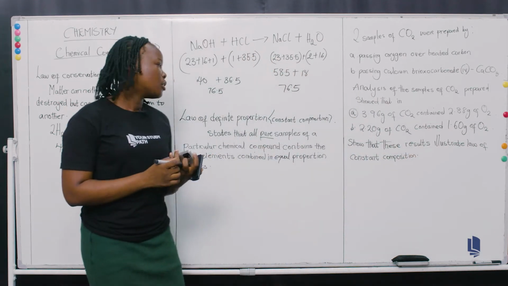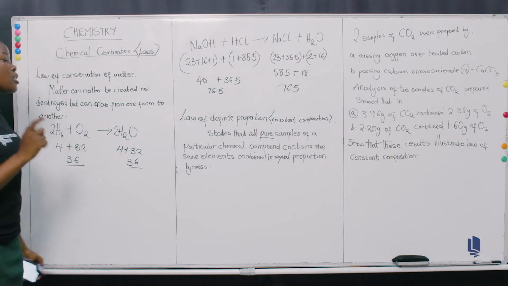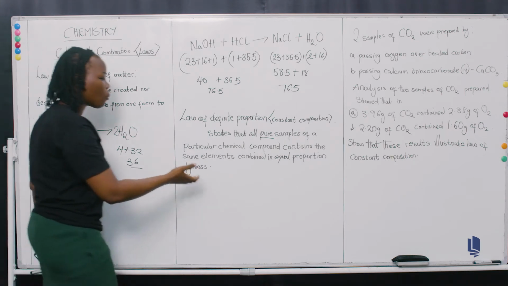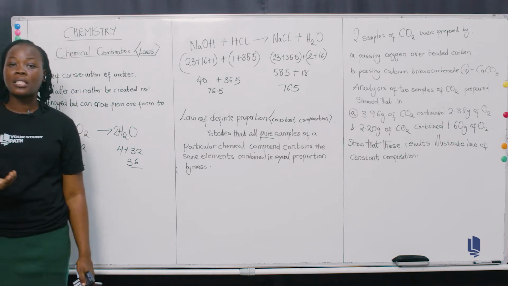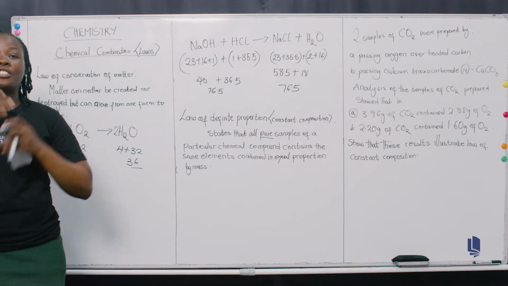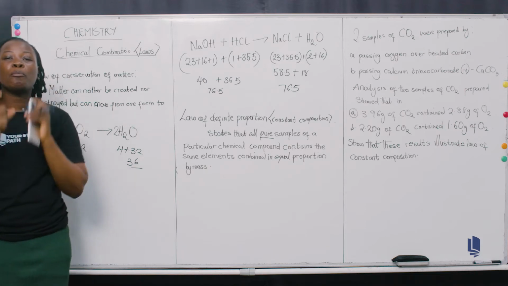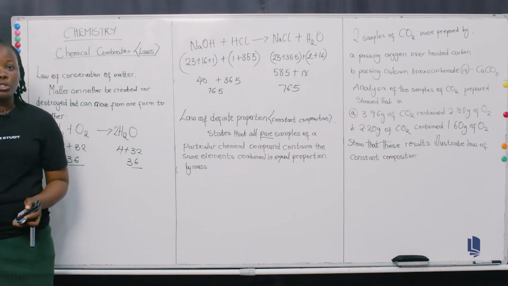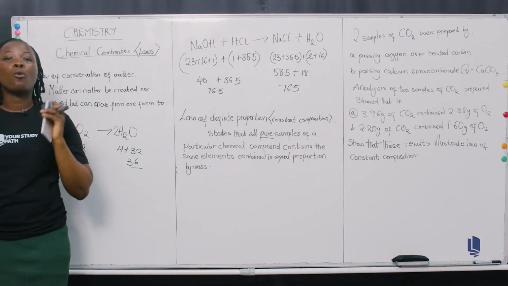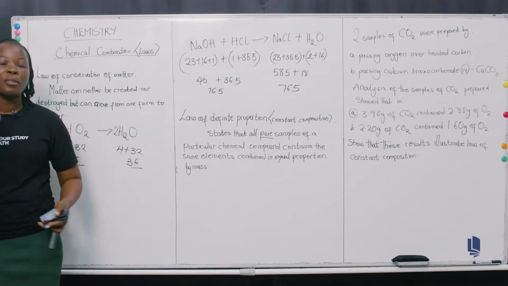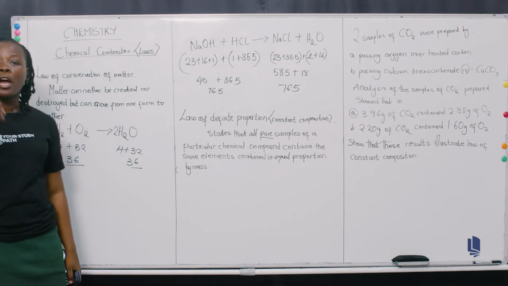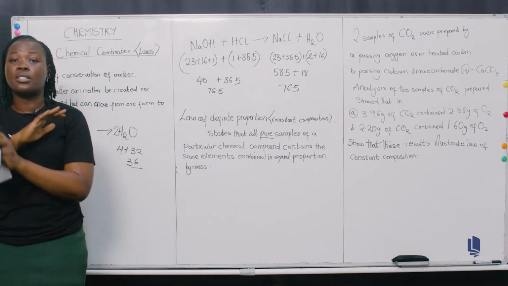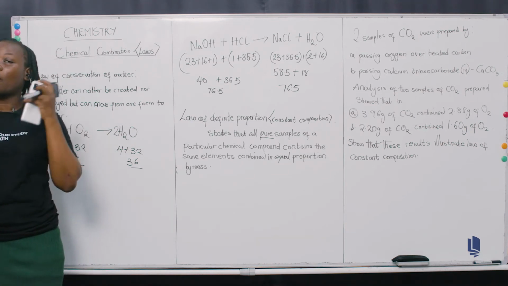Don't forget the law. The law states that all pure samples of a particular chemical compound contain the same elements combined in equal proportion by mass. That means no matter the geographical location where a pure chemical compound is produced, it will contain the same elements combined in equal proportion by mass. So if it is 1:1, it will definitely be 1:1, no matter where it is produced.